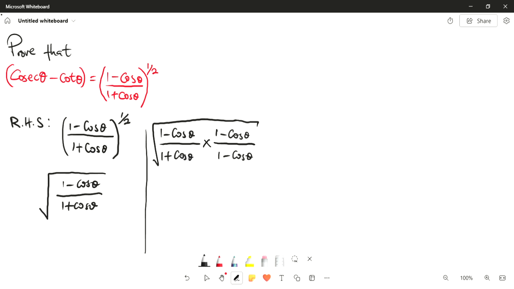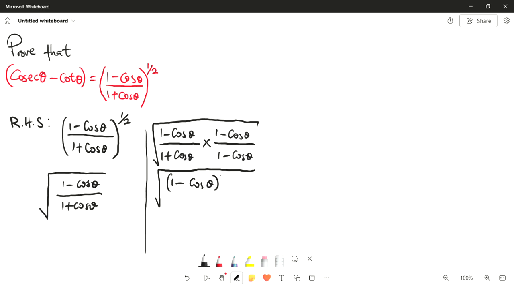Now, if we multiply 1 minus cosine of theta times 1 minus cosine of theta, we get 2 of these. So this gives us square root of 1 minus cosine of theta, all of this squared.